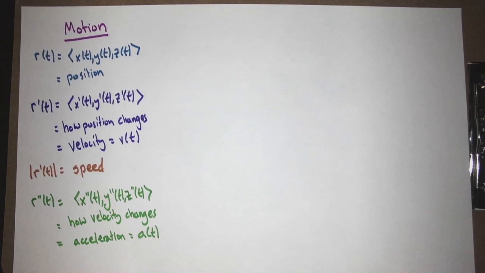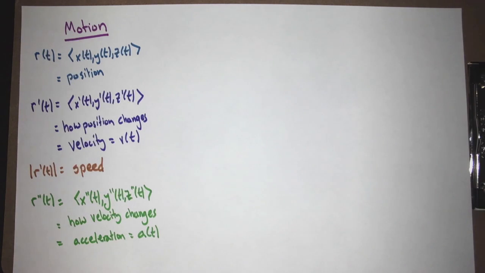When I say, okay, well, I can say that velocity is how position changes. Can I ask how velocity changes? Yes. And how do you do that? Well, you take another derivative. So the second derivative, r double prime of t, which is x double prime of t, y double prime, z double prime of t.